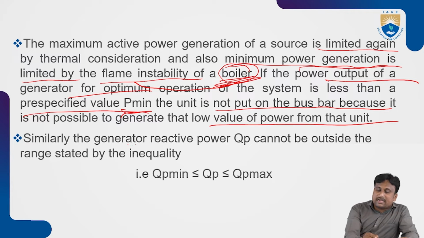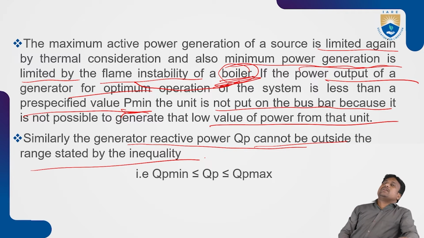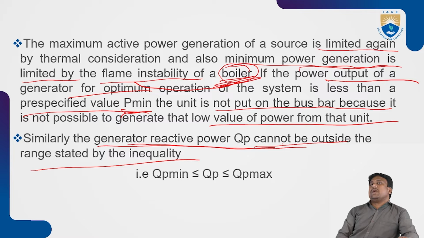Similarly, the generator reactive power cannot be outside the range stated by the inequality. We say that this inequality applies for the real power coefficient, and similarly the generator reactive power coefficient also should obey the inequality constraint: QP minimum less than or equal to QP max.